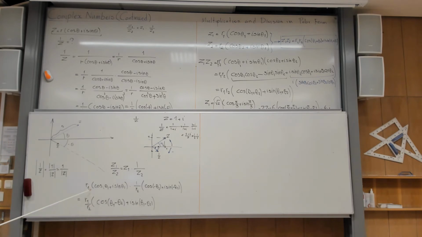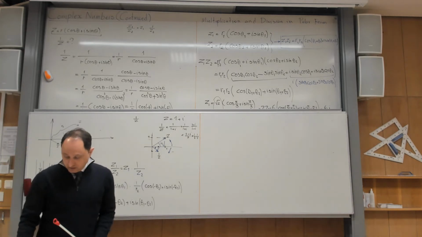So if I am dividing Z1 by Z2, I have to divide R1 by R2, and I have to write theta 1 first and then minus theta 2. For cosine, it doesn't matter, but for sine, it matters. So be careful about that. So is that clear? That is the topic of multiplication and division in polar form. For multiplying, multiply the r's and add the angles. For dividing, divide the r's and subtract the angles.